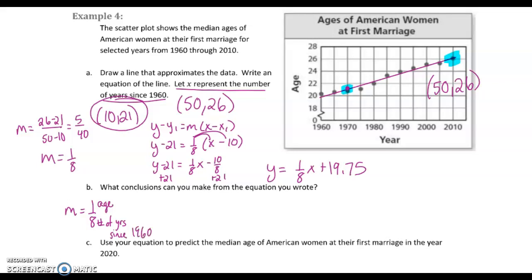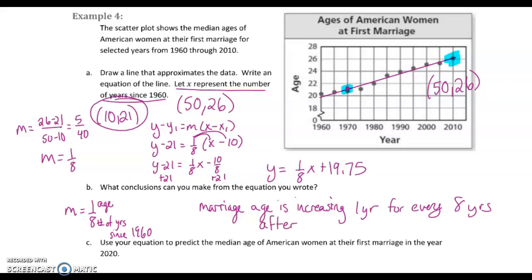So I could say that the average rate of change is the marriage age is going up or is increasing 1 year for every 8 years after 1960. So like every 8 years after 1960, the median age of marriage increases by 1. So like women are marrying 1 year older every 8 years.